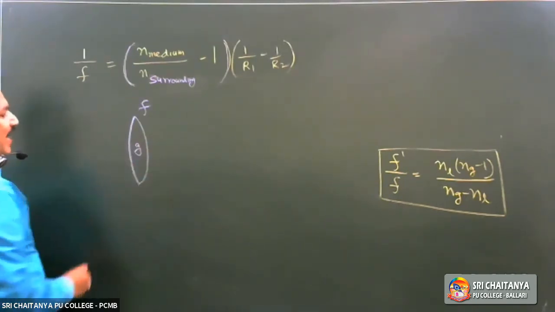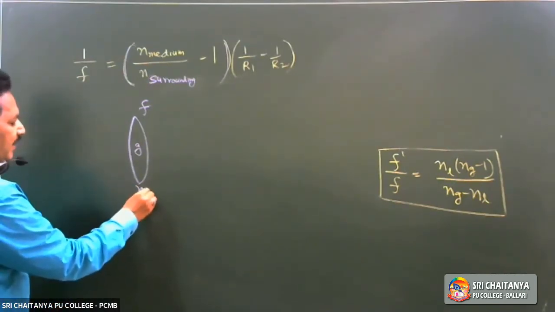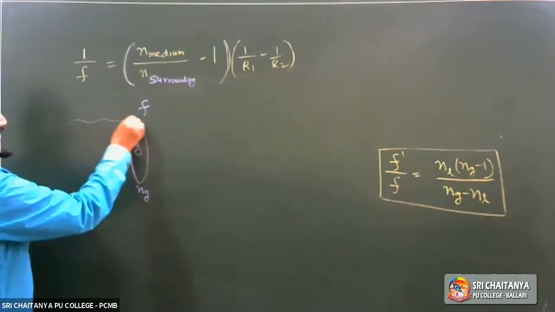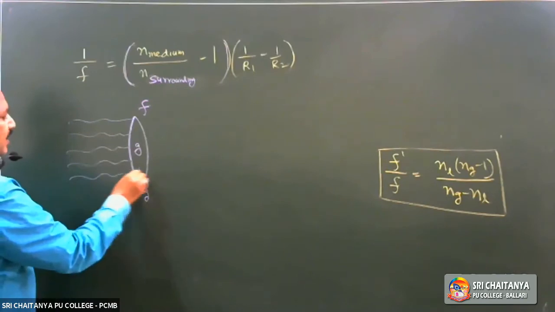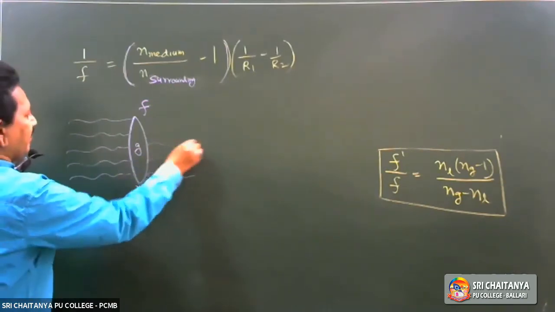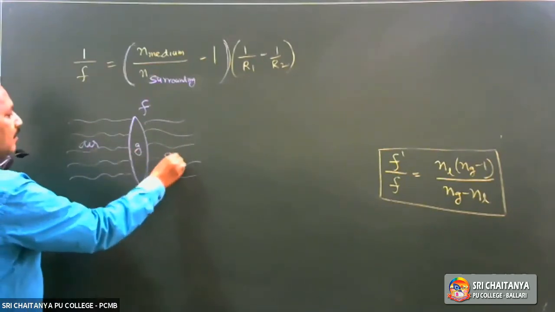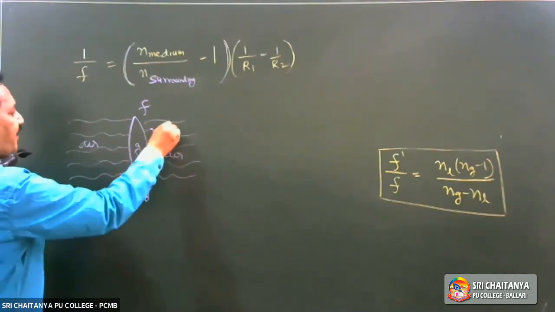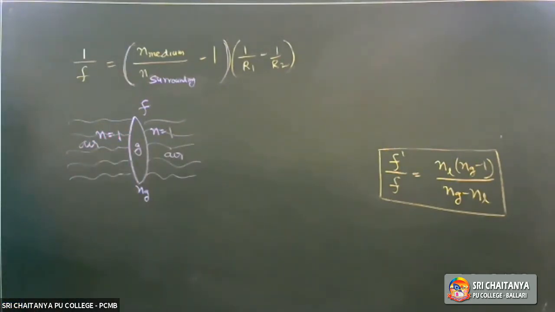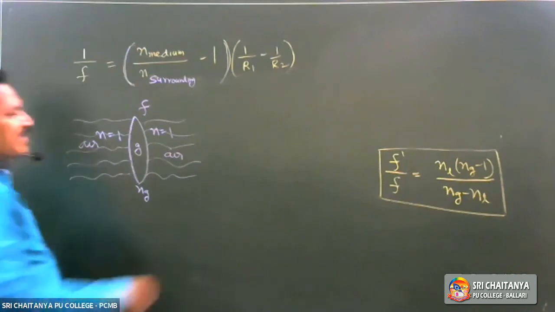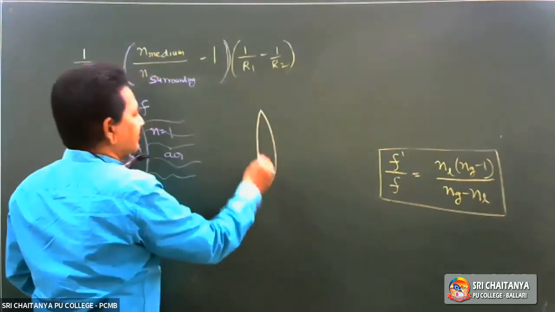This is made of glass, with refractive index Ng. It is in air medium. What is the refractive index of air? 1. Its focal length is F. Now the same lens is dipped inside water.